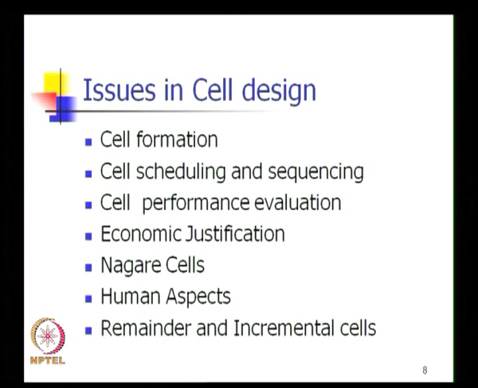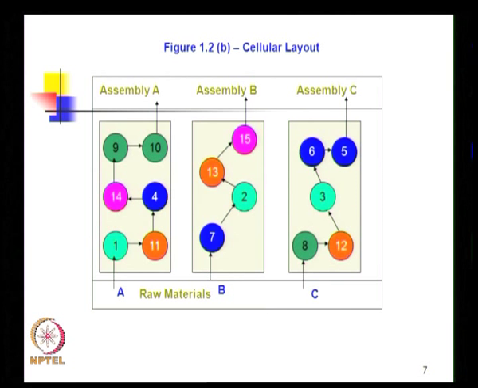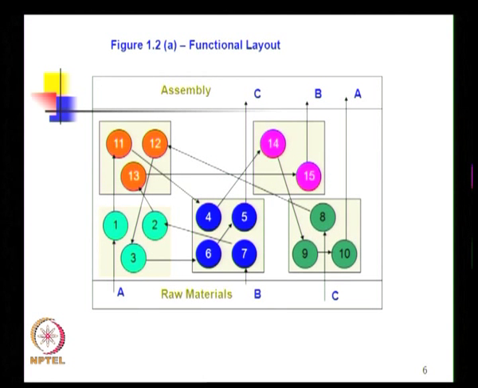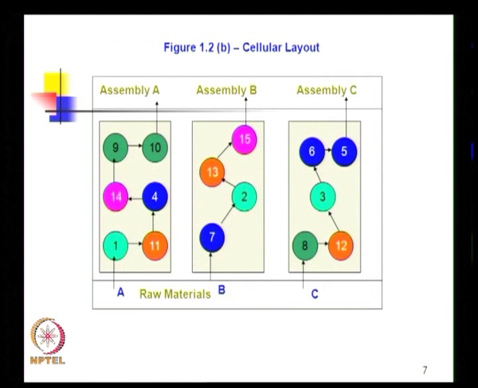Another aspect that has to be looked at is called economic justification. Even though in this schematic diagram we have 15 machines in the functional layout, and exactly these 15 machines are shown in the cellular layout, in practice it does not happen that way.